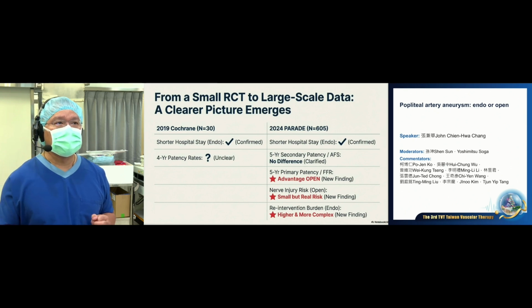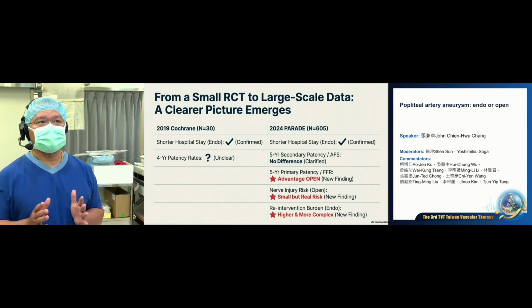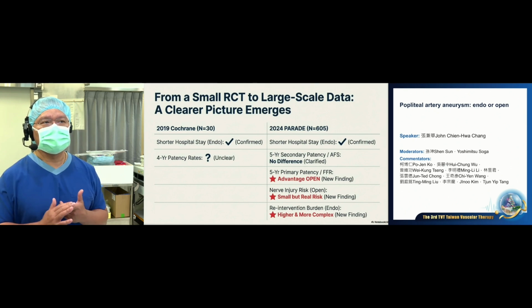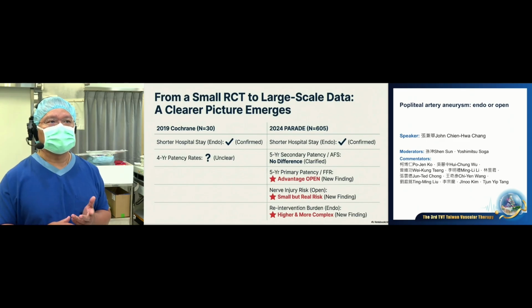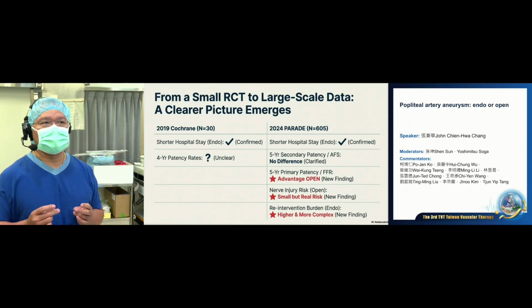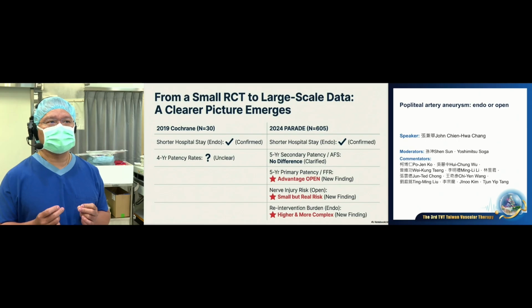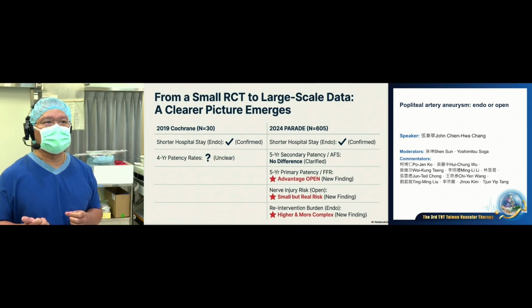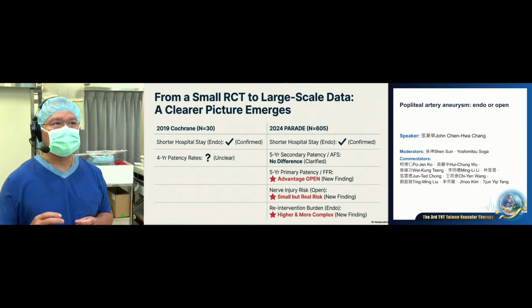But the 5-year primary patency of the open group is much better, though there is a small number of nerve injuries in the open group, and the endo group has more reintervention.